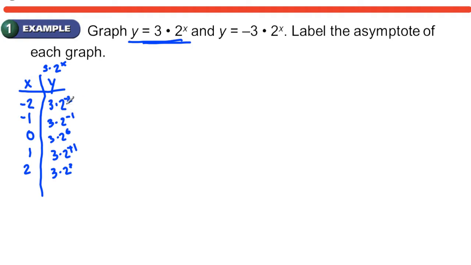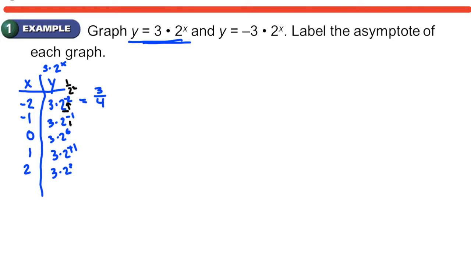Now, if you are doing this longhand like me, we know that this negative tells us to flip the base. So that gives us 1 over 2 squared, which is 1 over 4. So this would be 3 times 1/4, which is 3/4, or 0.75.